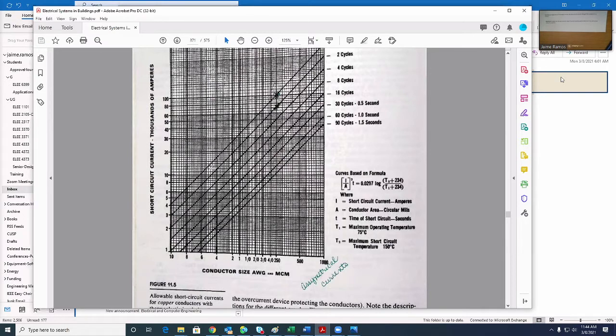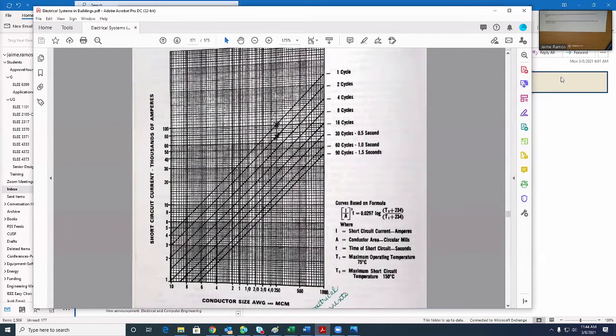For example, here I show one point, which is 100,000 amps for conductor 250 kcm. So this says conductor 250 kcm is able to withstand, for one cycle, 100,000 amps.